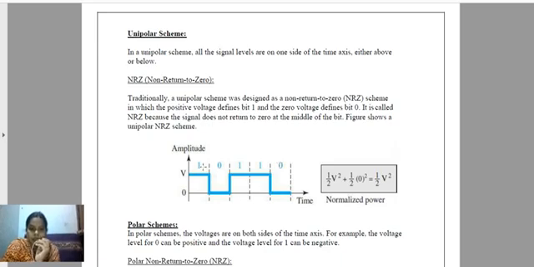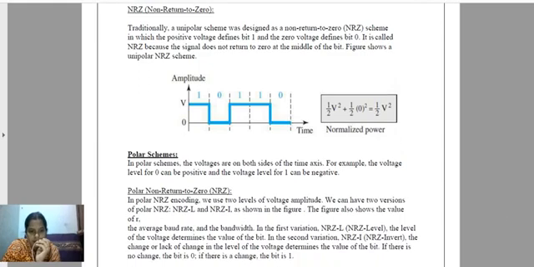Non-return to zero is a very traditional technique where the positive voltage represents 1 and the zero voltage represents 0. So 1 is represented as high, and 0 as low, like this: 1, 1, then 0. This is the unipolar scheme.